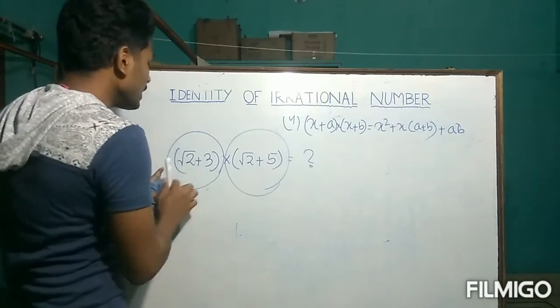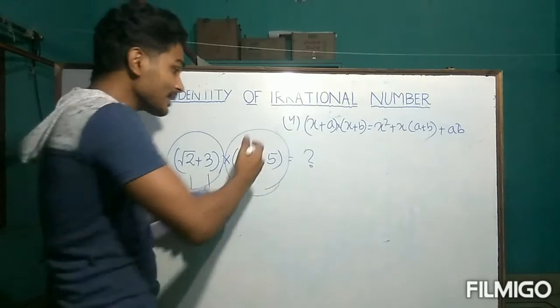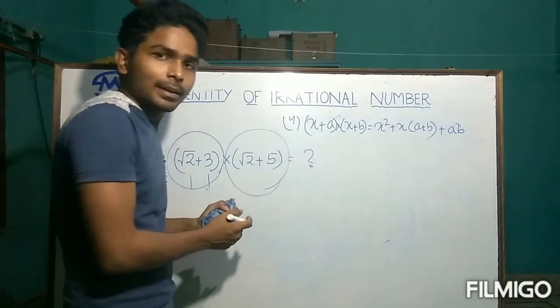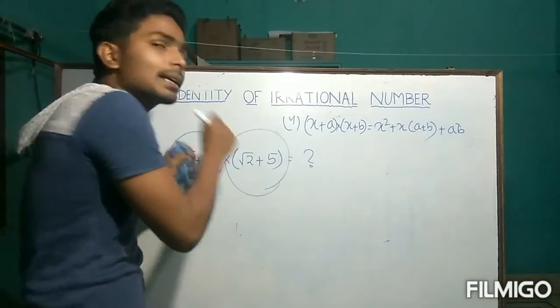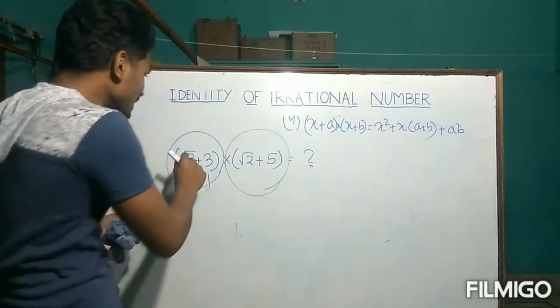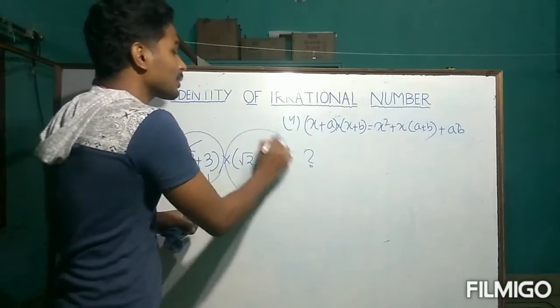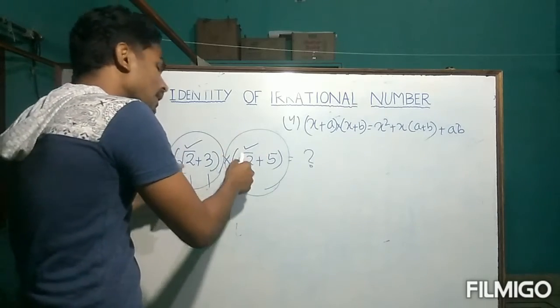The first term again has two terms, one is root 2 and one is 3. The second term also has root 2 and 5. You can see in these two terms we have two common terms. What is it? It is root 2. Here also we get a root 2, here also we get a root 2. So in these two terms, root 2 is common.